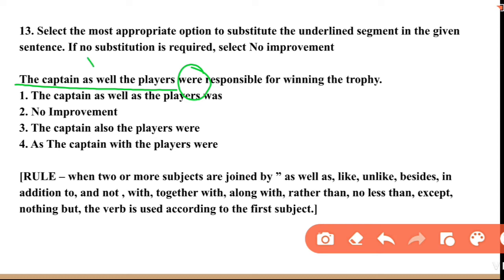Now this is not plural. There is a rule in grammar which you must know.